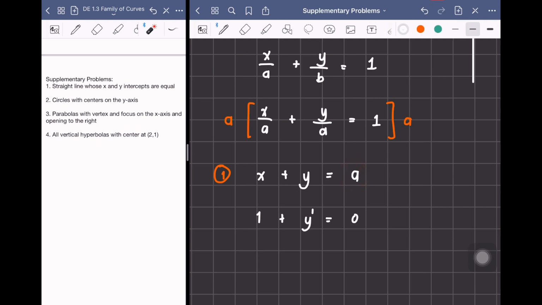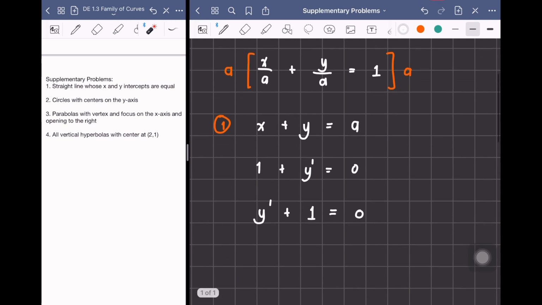So from here, after one derivative, the arbitrary constant is already eliminated, which means this will already be our final answer. All we have to do is arrange in order. So that's y prime plus 1, we'll start with the derivative, equivalent to 0. And this will be our final answer for the family of straight lines with the x and y intercepts equal.